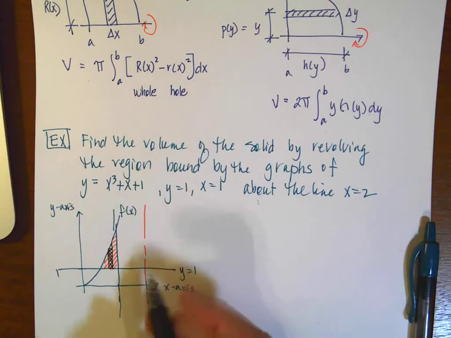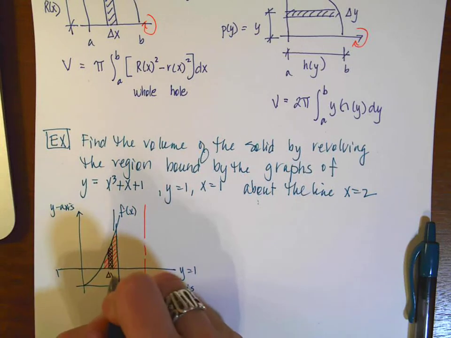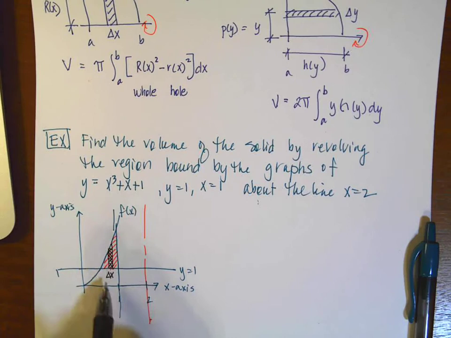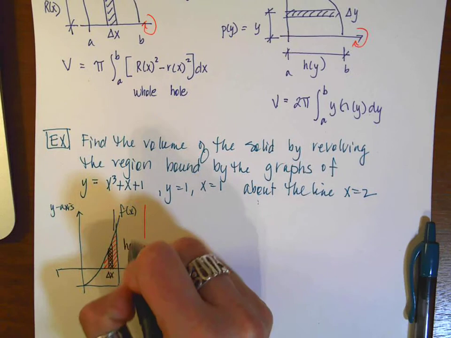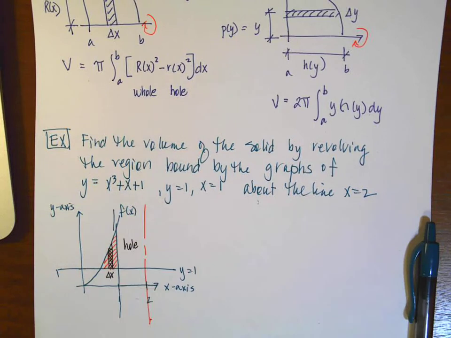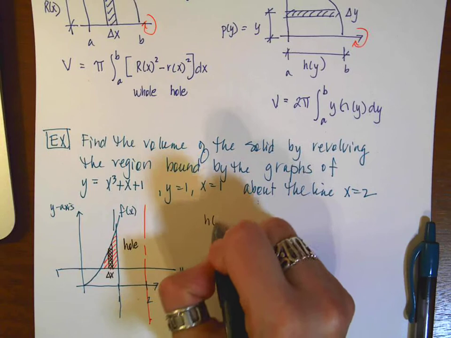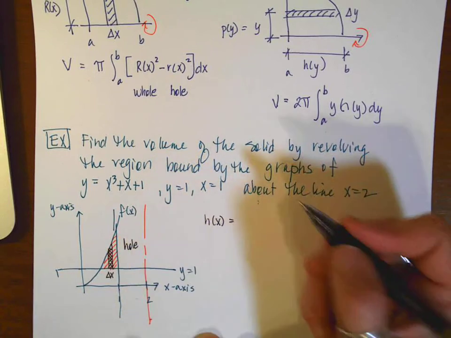So I'm going to draw my rectangle parallel to my axis of revolution, and this is going to be my delta x, okay? Because notice that my image is bound and it's right in here, and I'm rotating it here, so I have a hole here, okay?